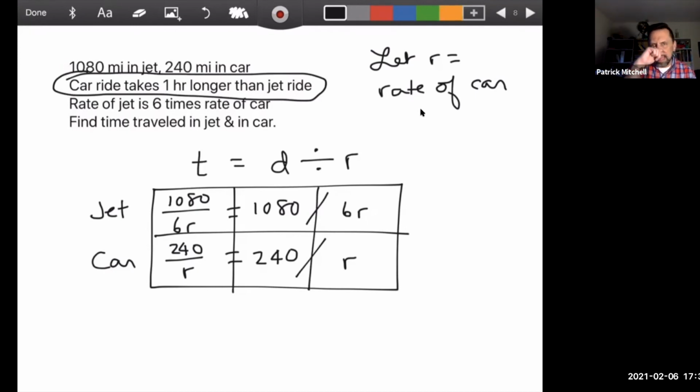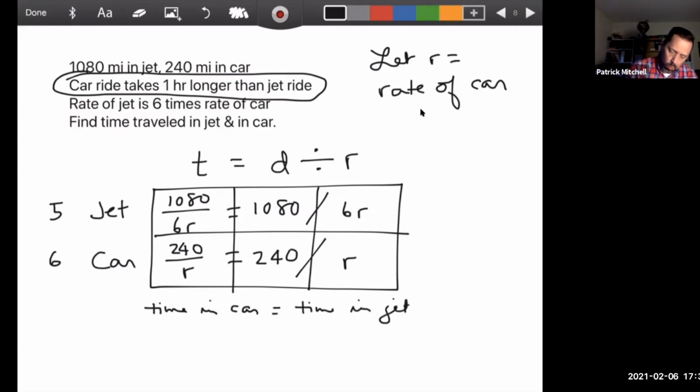Okay, so let's make up an answer. Suppose I told you that the jet ride took 5 hours. That would mean that the car ride takes 6 hours. So when you set up your equation, make sure that you make it say the time in the car is equal to the time in the jet plus 1.